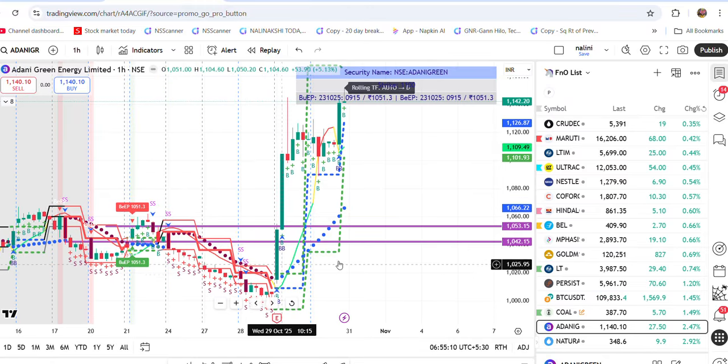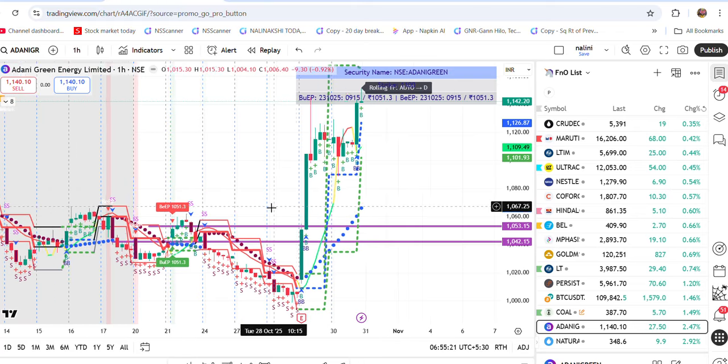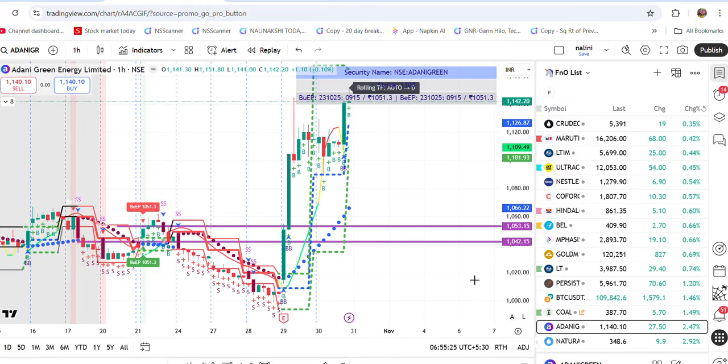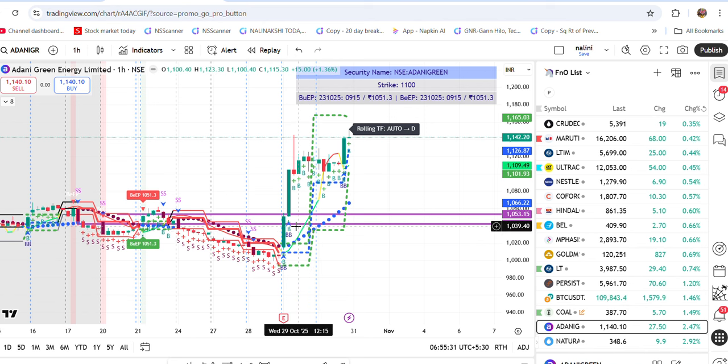And on 29th, the price had gapped up on an hourly basis and it had gone up. So like that, you could have selected Adani Total Gas on 29th with the reference of the episodic pivot and you could have taken a position.